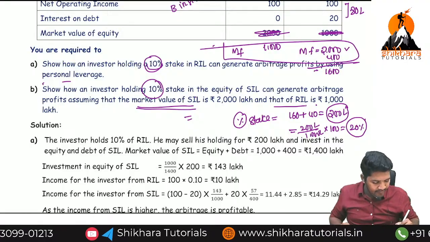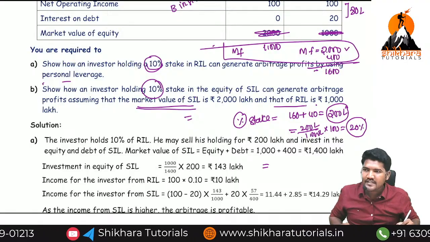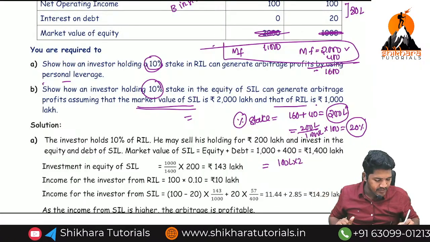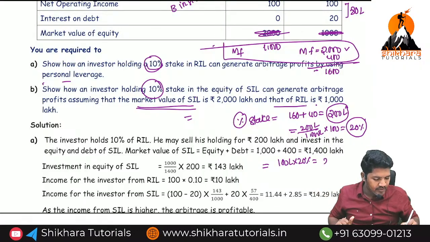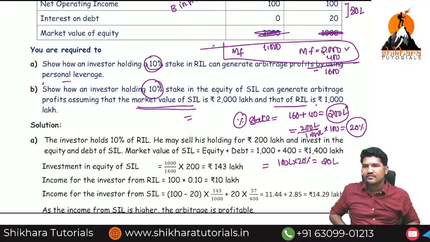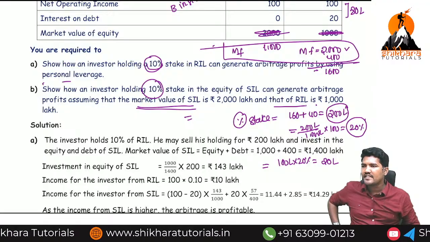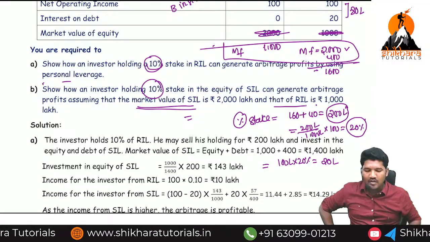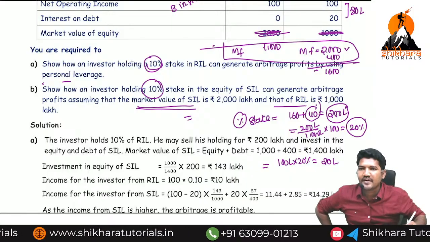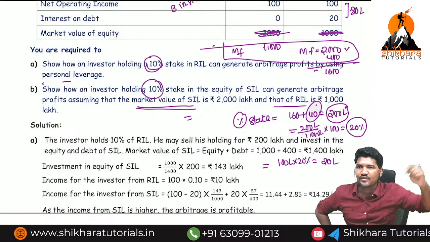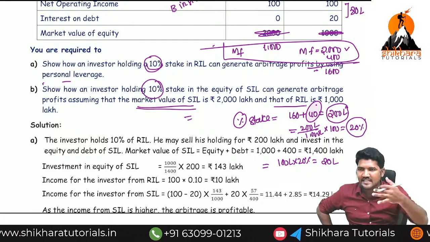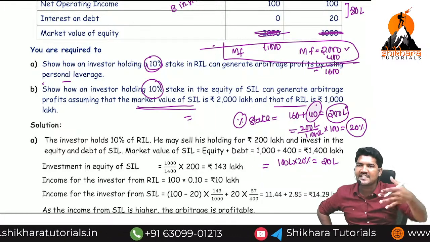Now what is the benefit? Total equity earnings of 100 lakhs into 20%. How much? 20 lakhs. Can I enjoy this entire 20 lakhs? Here 40 lakhs were taken from the outside, and we have to pay interest on it. If they specify the rate, consider that rate. If not specified, go with the existing rate.